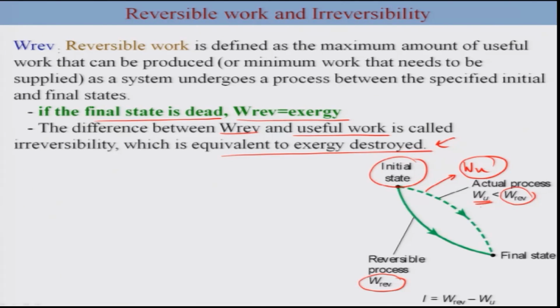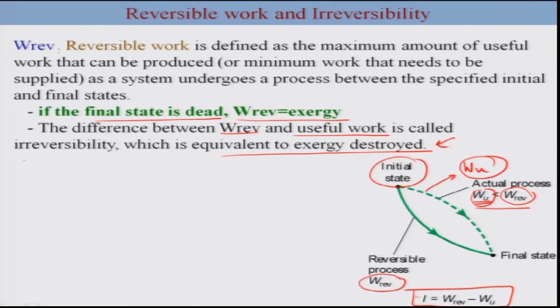So, here we are going to consider a work producing device, where the maximum work is for the case of reversible work or reversible process, and hence your W reversible is greater than W useful. The difference between them would correspond to the irreversibility, and this is nothing but equivalent to exergy destroyed.